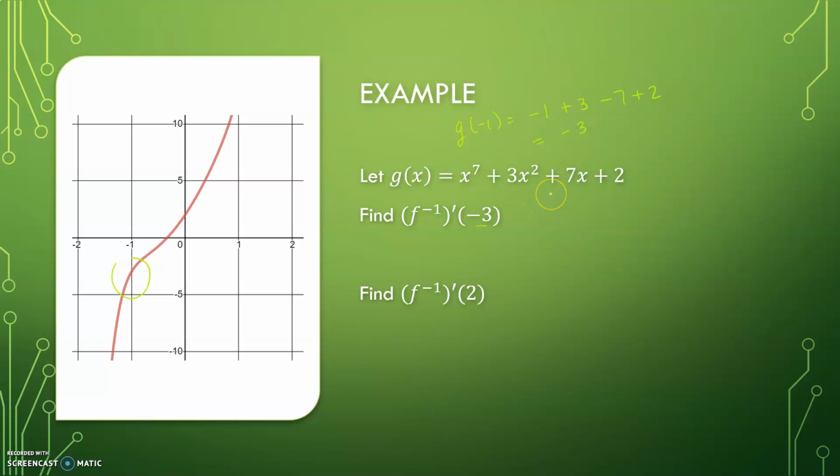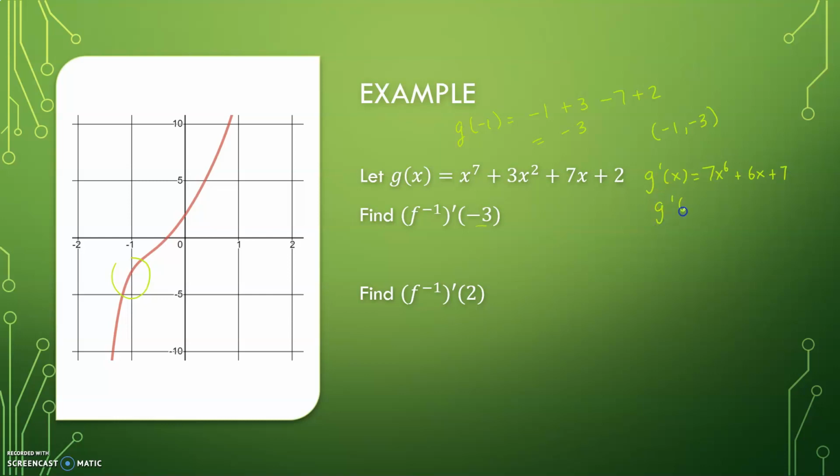So that's good. I've got my ordered pair, which would be (-1, -3). So I need to know the slope of g at -1. g prime would be 7x to the 6th plus 6x plus 7.